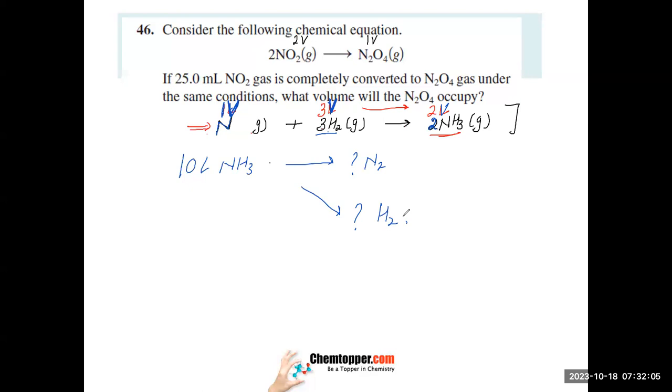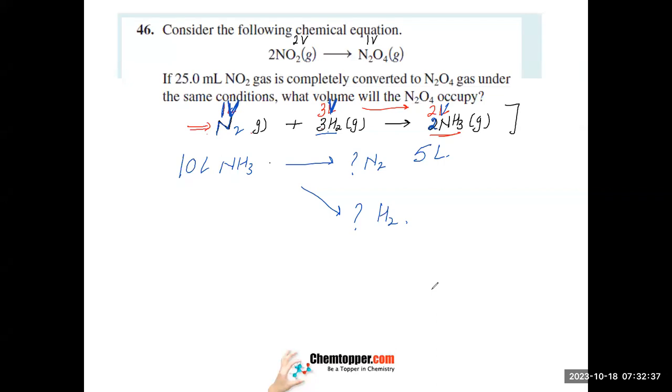Just see the ratio. It should be very fast. This is N2. Very good. Afan and Arjun, 5 liters. And H2? N2 will be 5. Yes, Arjun, good. H2? Nivriti, perfect.